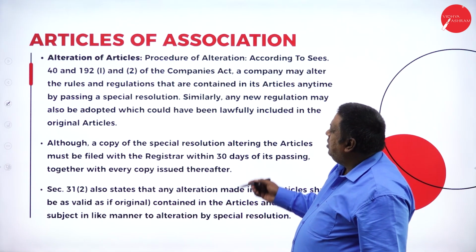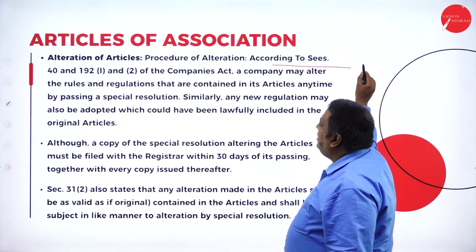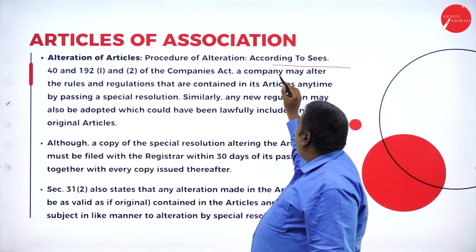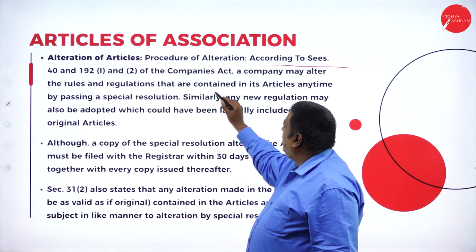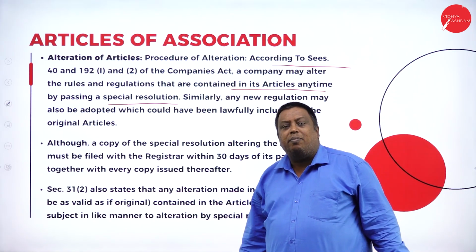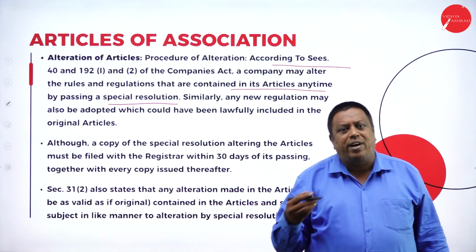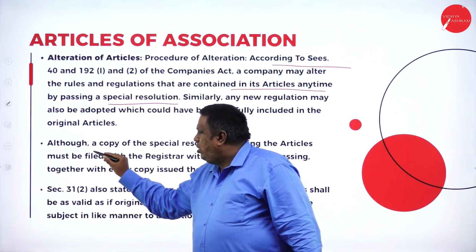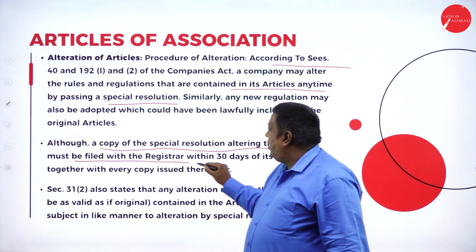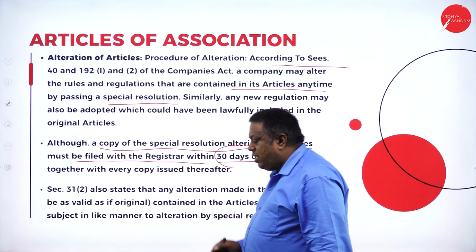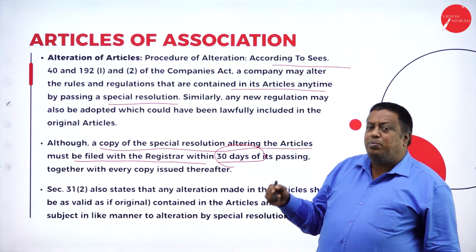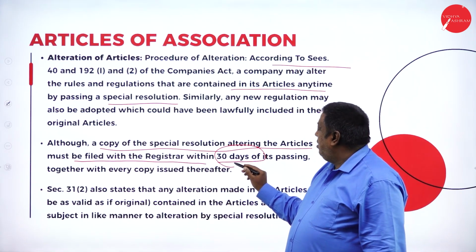Alteration of articles procedure. According to Sections 40 and 192, subclauses 1 and 2 of the Companies Act, a company may alter the rules and regulations contained in its articles at any time by passing a special resolution. They're saying that by passing a special resolution, we can modify the articles of association. A copy of the special resolution altering the AOA must be filed with the Registrar within 30 days. After modifying the AOA, a copy of the same has to be submitted to the ROC within 30 days.